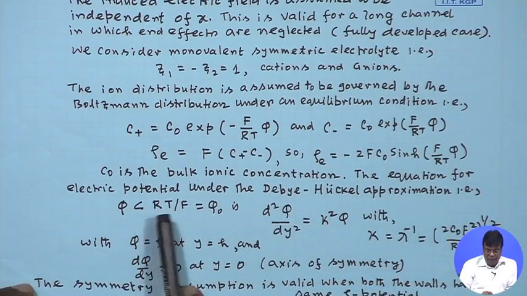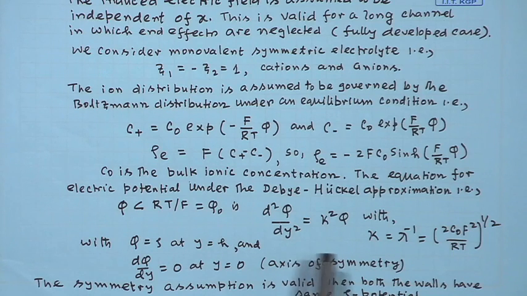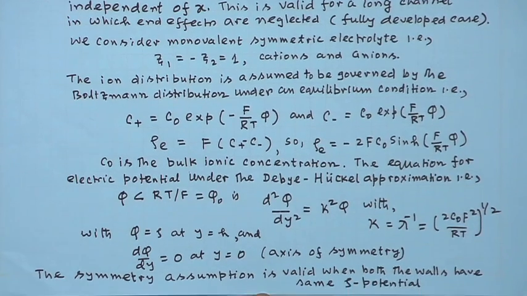Now, the equation for electric potential under the Debye-Huckel approximation can be written, as we have already done, d2 phi by dy2 equal to kappa squared phi, with kappa equal to lambda inverse, 2 C0 F squared by R T, which is the Debye length.